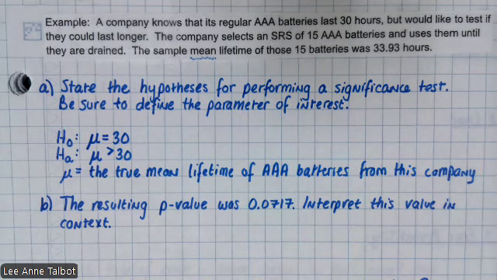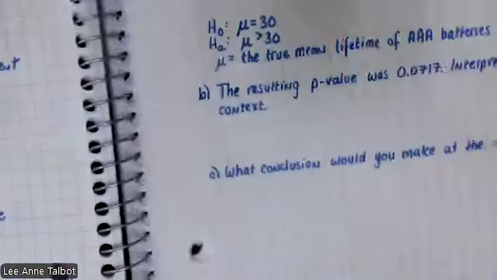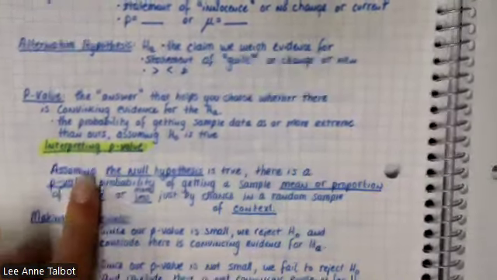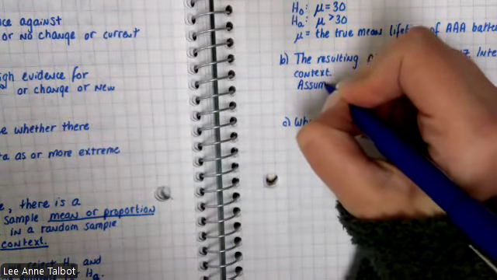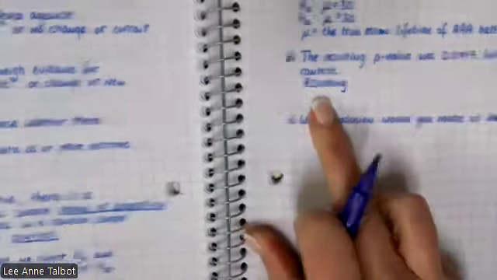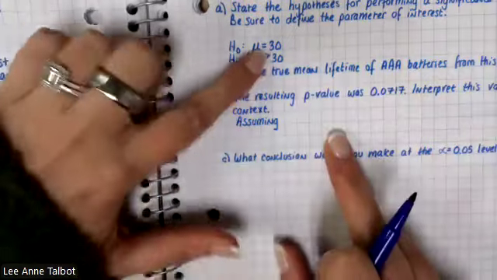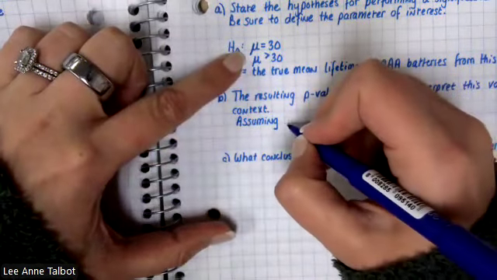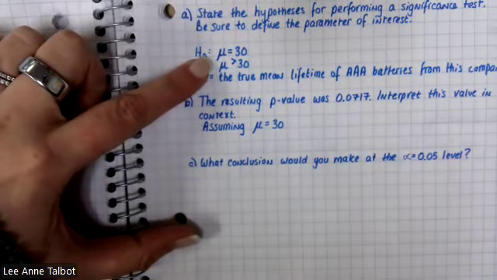Interpret this value in context. To do this, I'm going to open my notebook. Assuming the null hypothesis is true, that is, mu equals 30. Are you with me so far?